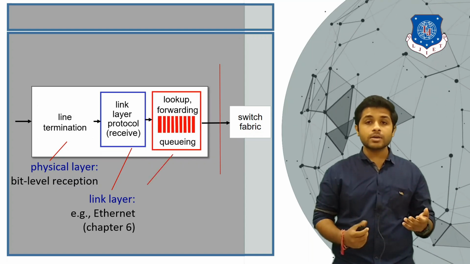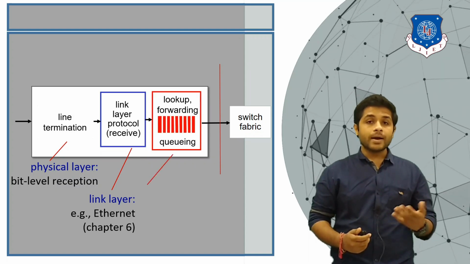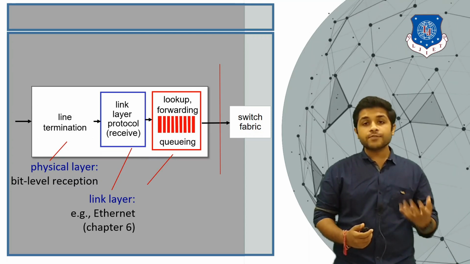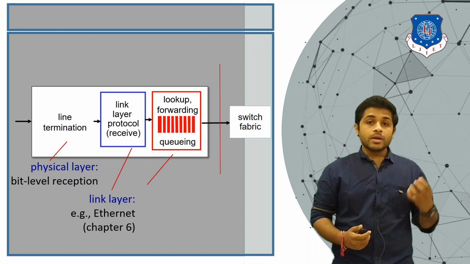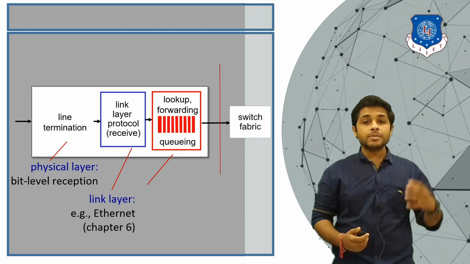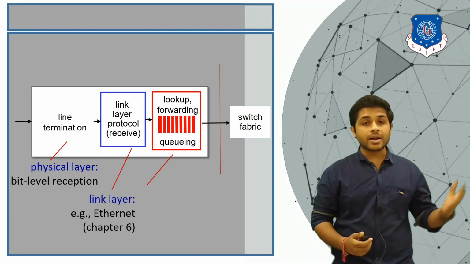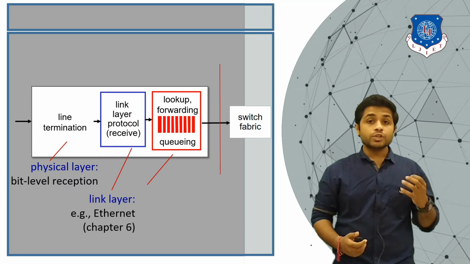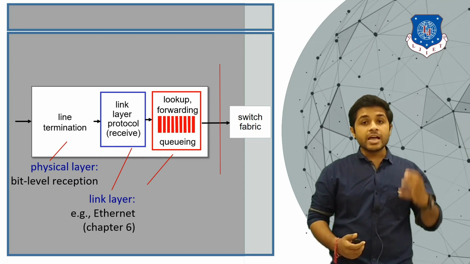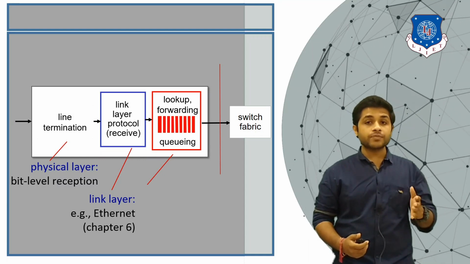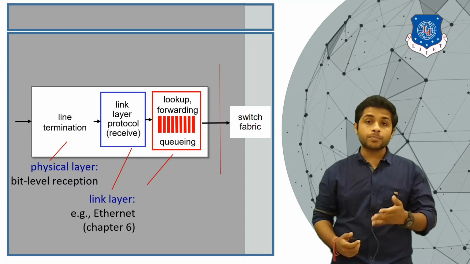And the next block is lookup, forwarding and queuing. Now what is the function of this block? On the receiving side of the router, there will be many packets arriving at a very high rate. The router has a responsibility to check each and every packet as fast as possible so that the maximum number of packets can be transferred from the input port to the output port.